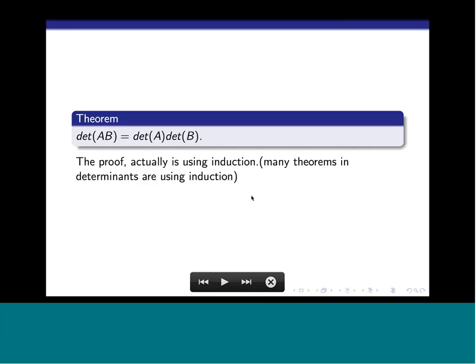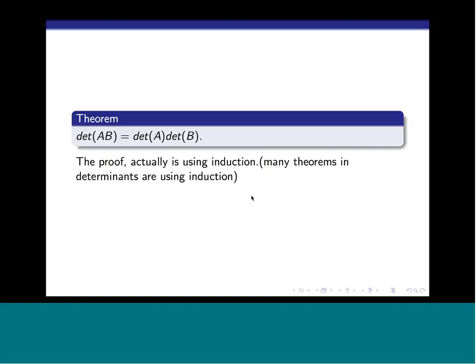The determinant has this property you need to know: if I have two square matrices A and B, then the determinant of AB equals the product of the determinants.